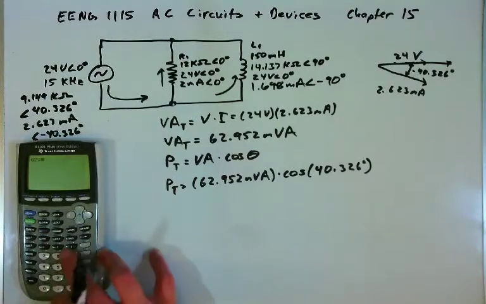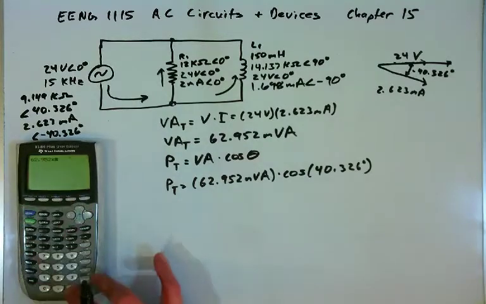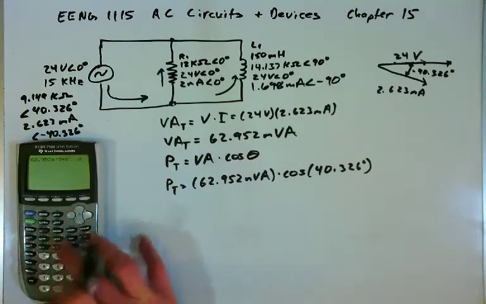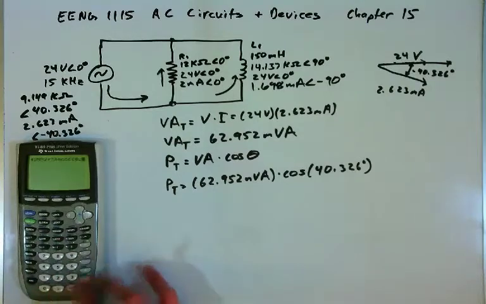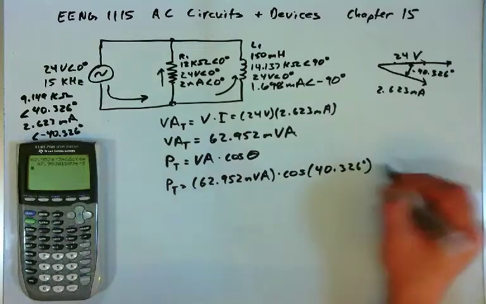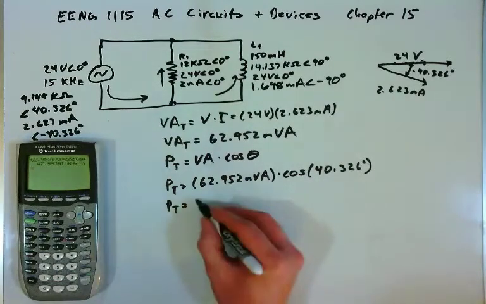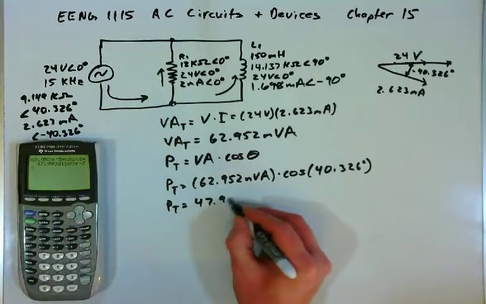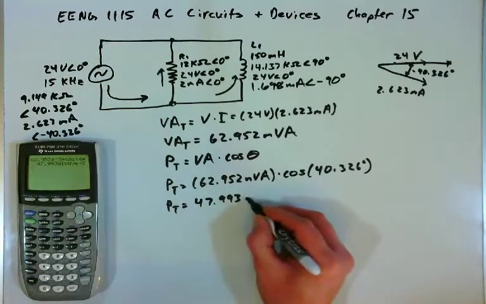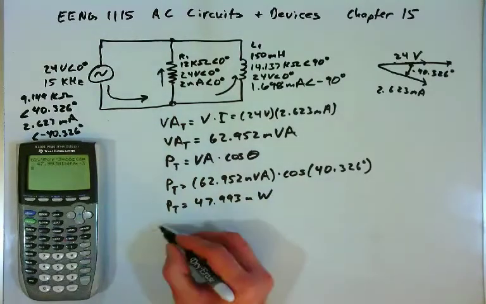So we have 62.952 milli times the cosine of 40.326, and we get a power of 47.993. That'll be milliwatts.